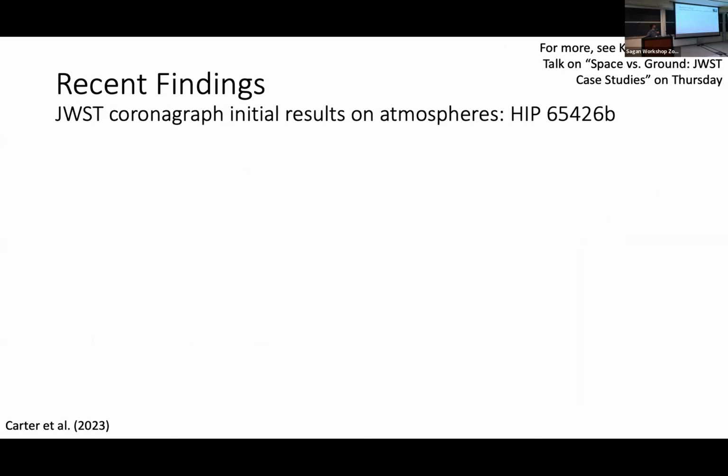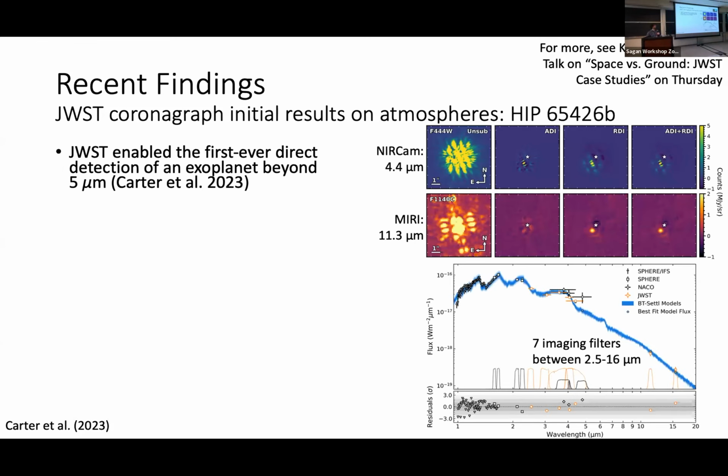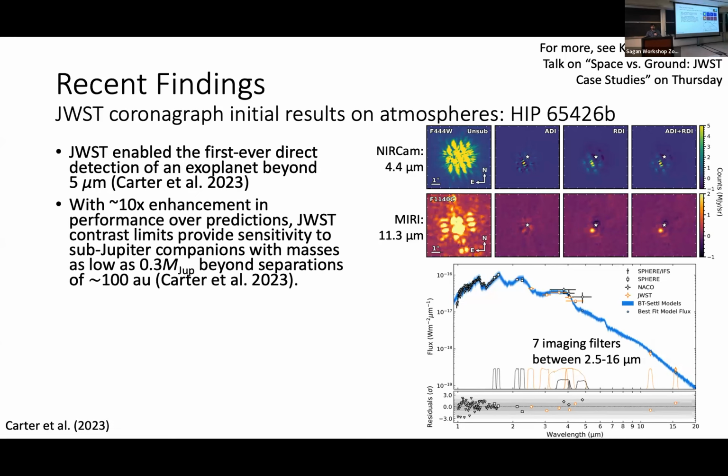More recently, we're all really excited about JWST, and it's pushing the field forward. This is another figure Beth was showing yesterday, looking at the first ever direct detection of an exoplanet beyond 5 microns. And while this was generally consistent with past studies of this planet, it was really nice to see that verification of consistency with past data, but also it really bodes well.